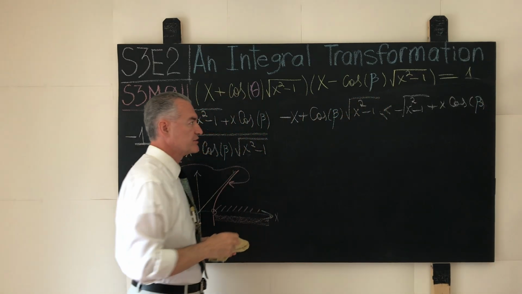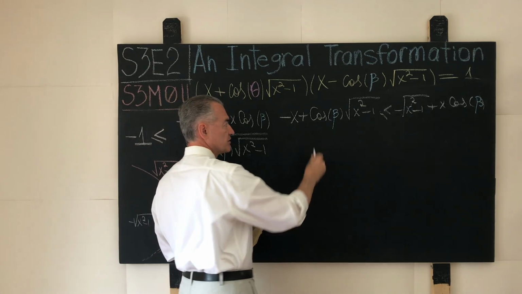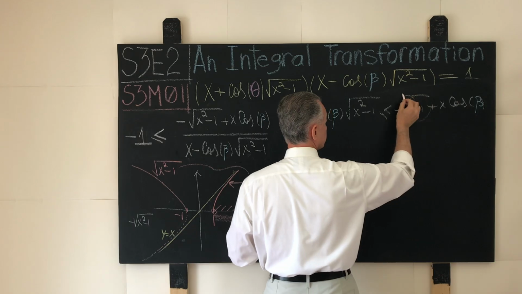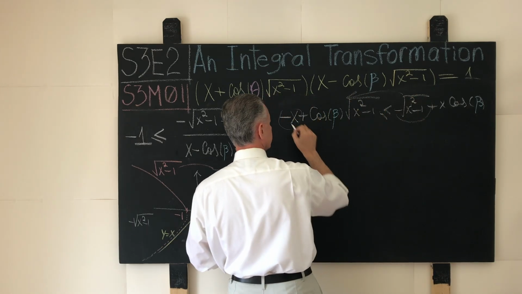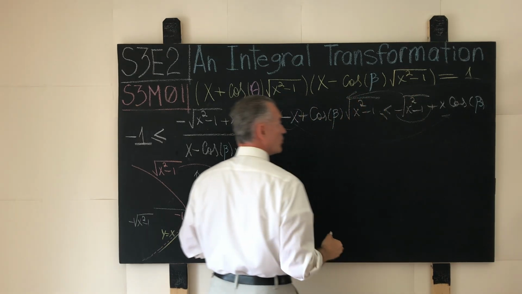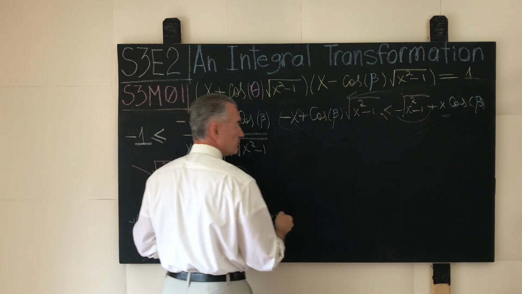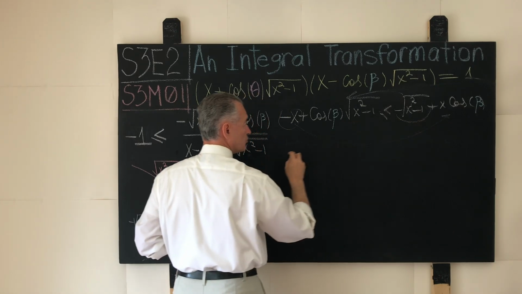And again, the drill is the same. We group like terms on either side of the inequality sign. We move this suspect over here and we move this suspect over here. Once we do the grouping, once we switch the terms and we factor out the common term, what will we have?